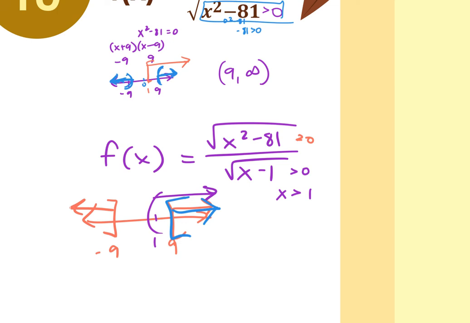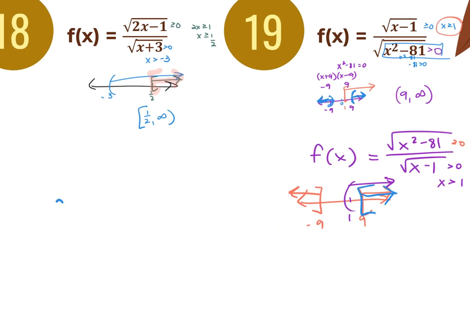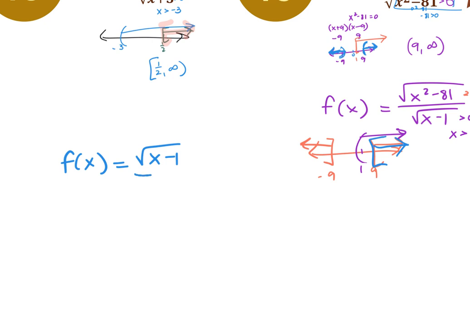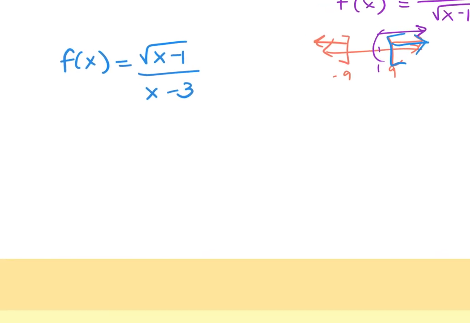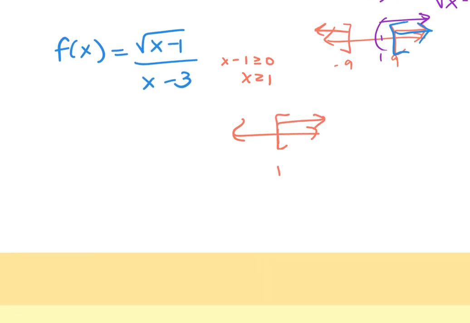Okay, so here's what else you might see, and that is a square root in the numerator, but then something in the bottom. So what do I do with the numerator? What's the restriction on that? Greater than or equal to 0, so greater than or equal to 1, that's that one, right? So 1 bracket pointing to the right. And then for the denominator, what's the restriction?